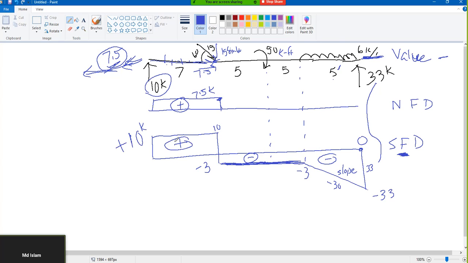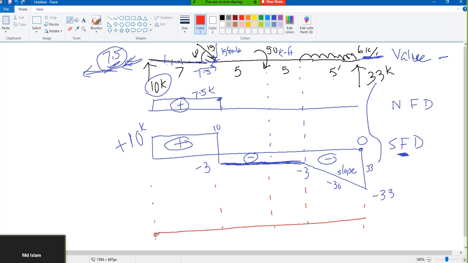We'll go to the moment diagram. What is the next step for the moment diagram? Change the color. These are my points, some critical points. So what are the steps for the moment diagram? Sum up the area of the shear force diagram.